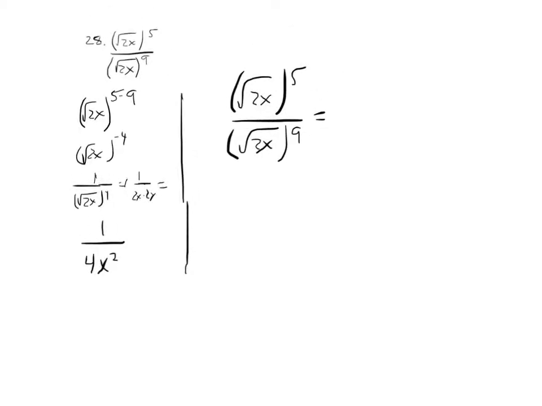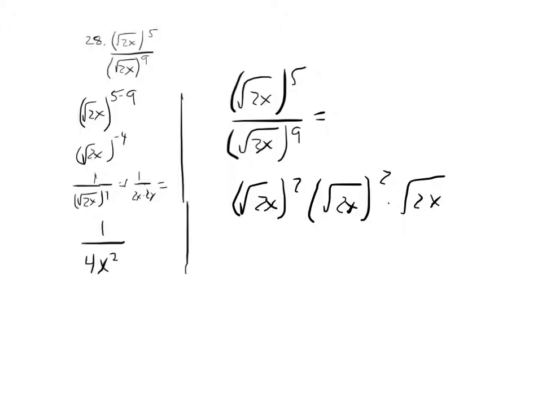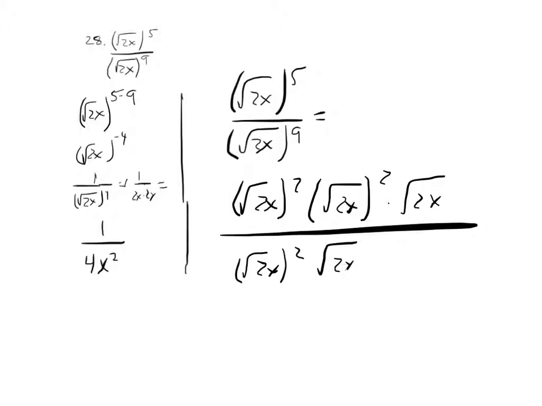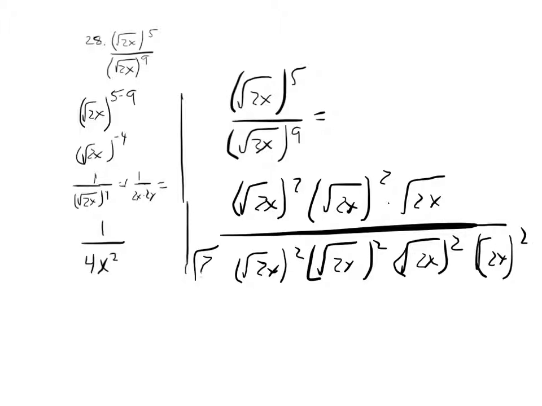Root 2x, that would be root 2x squared, root 2x squared times root 2x over root 2x squared, root 2x squared, root 2x squared, root 2x squared, and actually one more. 2, 4, 6, no, one too many. Hold on. Root 2x, 2, 4, 6, 8, and one more, root 2x.